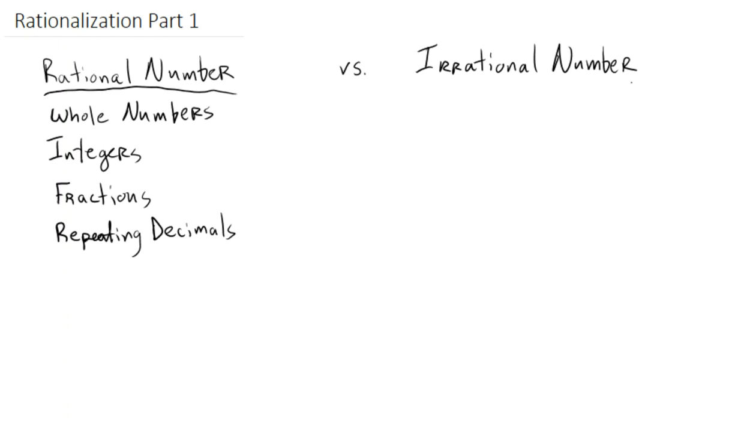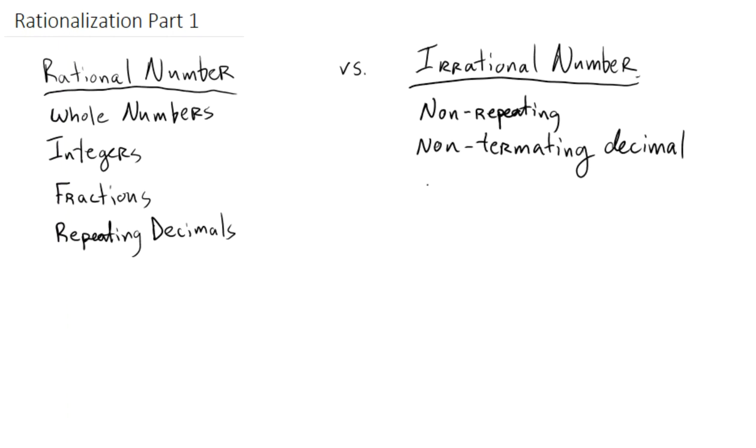So then for irrational numbers, the way we sum up what an irrational number is, is that it's a non-repeating, non-terminating decimal. By their very nature, we can't write this out because we can't write something that goes on forever. With repeating decimals, we at least have a notation to say, hey, this is going to keep repeating.